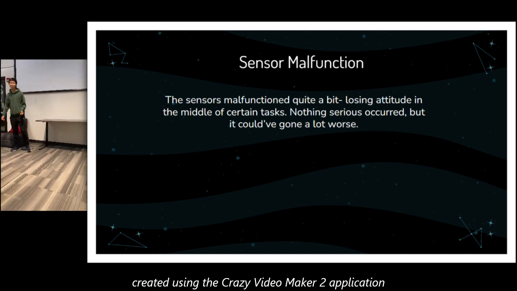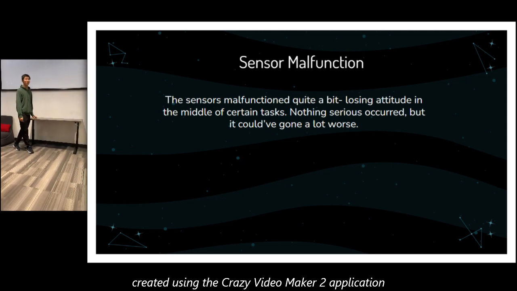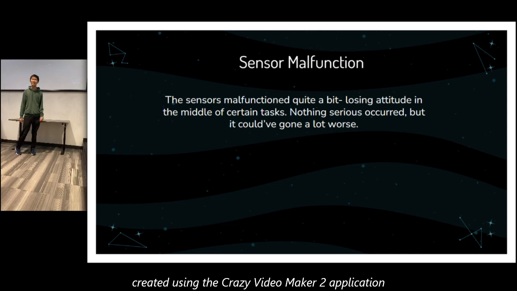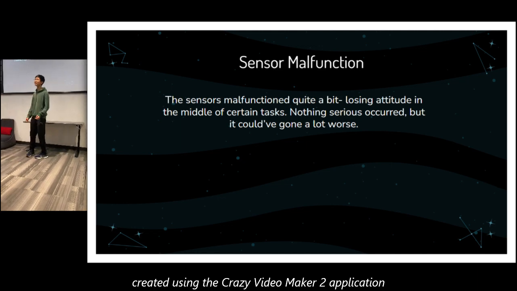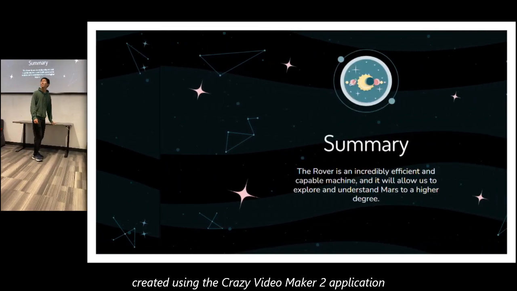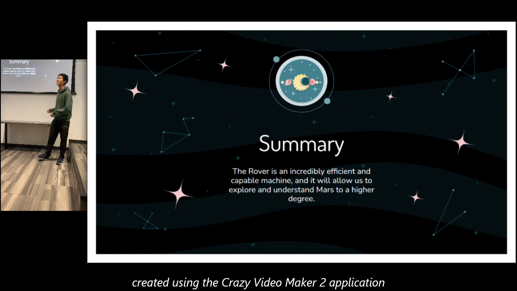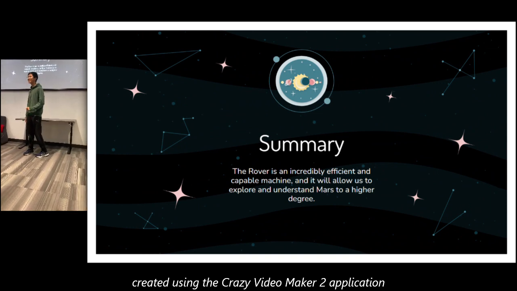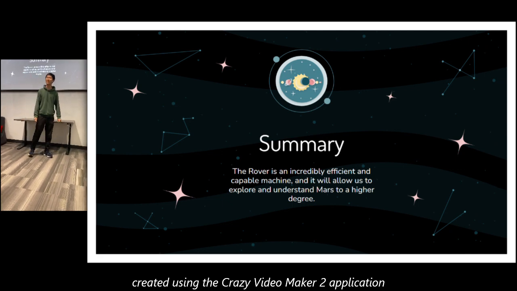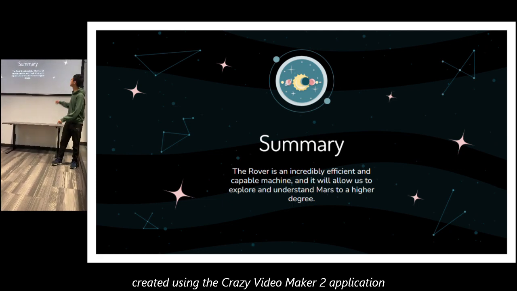Nothing bad really happened from this, but far worse things could have happened, like the rover hitting itself repeatedly with its arm, or just self-destructing against a rock, but thankfully that didn't happen. So essentially the rover is a very efficient machine, and although it had a couple flaws, hopefully it'll help us understand Mars better. But next up we're going to do a little activity.